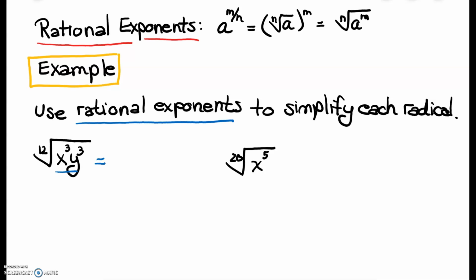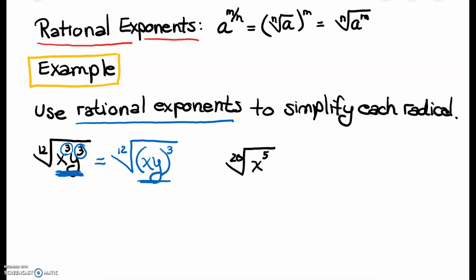I notice I have 2 things in my base, and they're both being raised to the same exponent. So I'm going to write them as such: the 12th root of x times y in parentheses raised to the 3rd power, because this is equivalent to this.